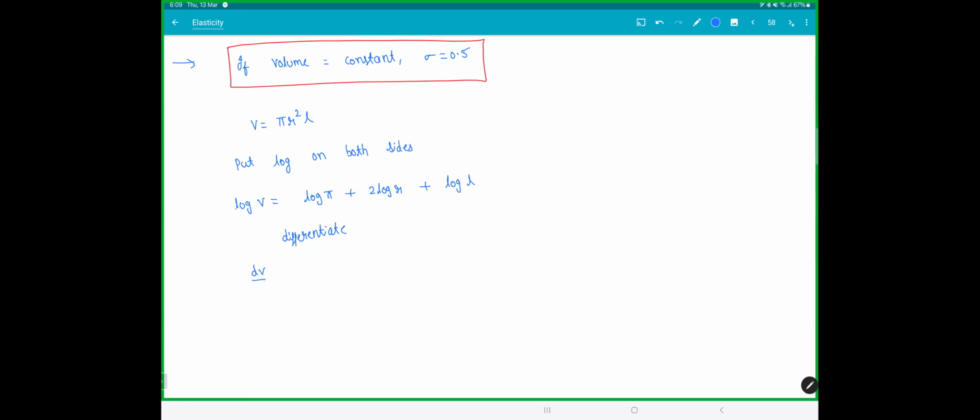This will be dV by V equals 0 plus 2 dr by r plus dl by L. Since volume is constant, dV by V will be 0.